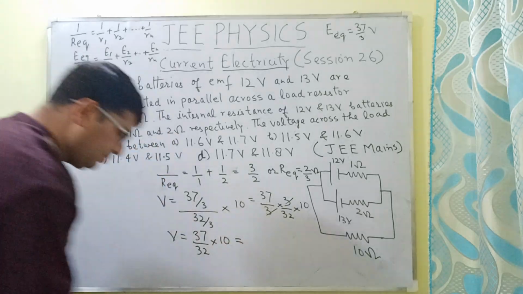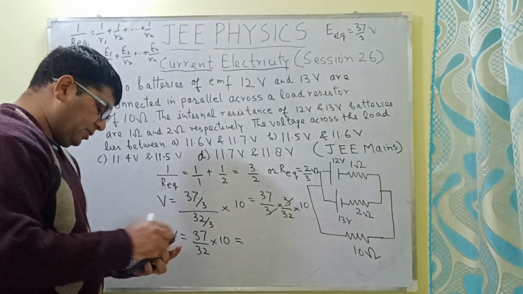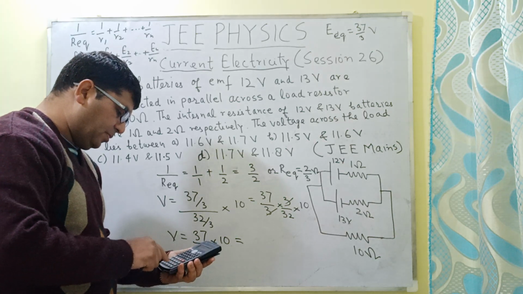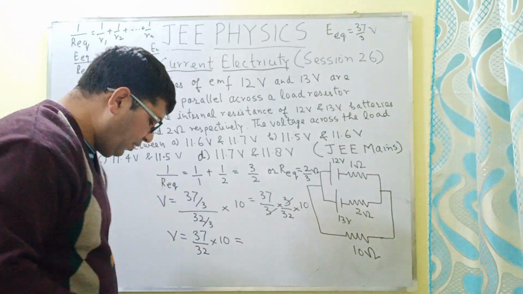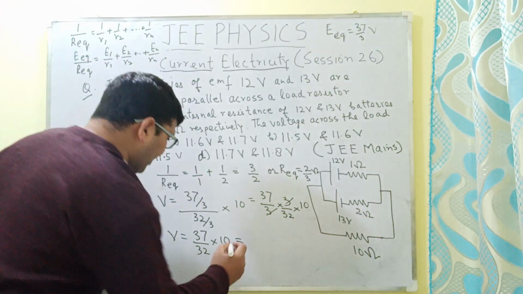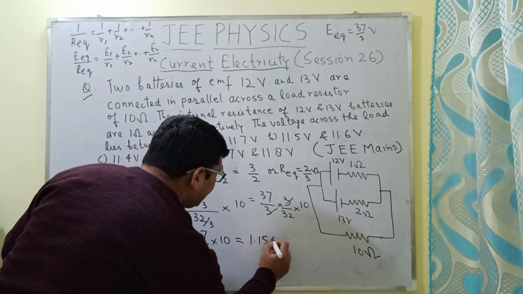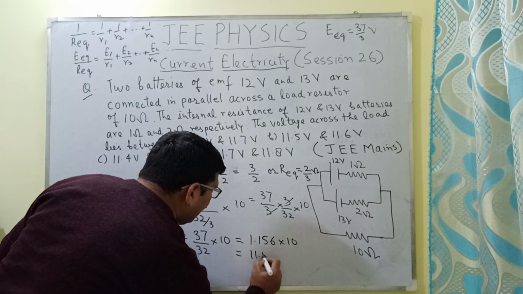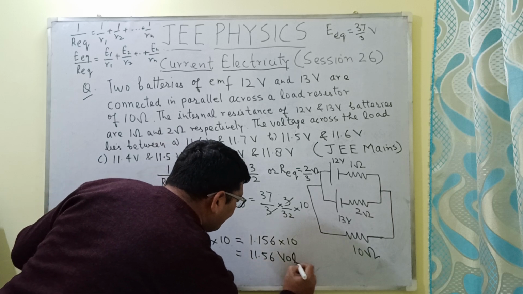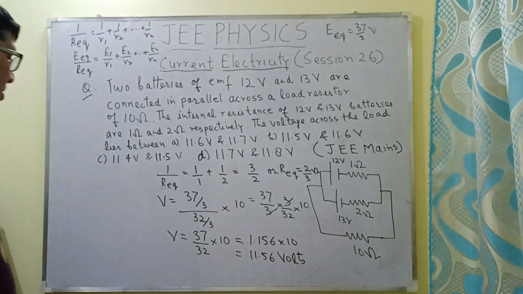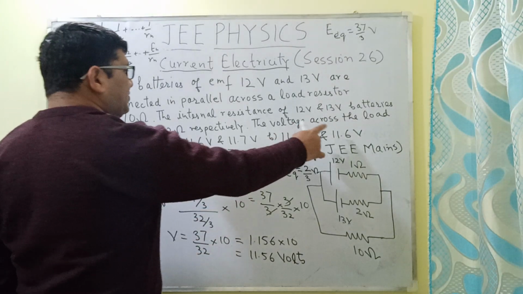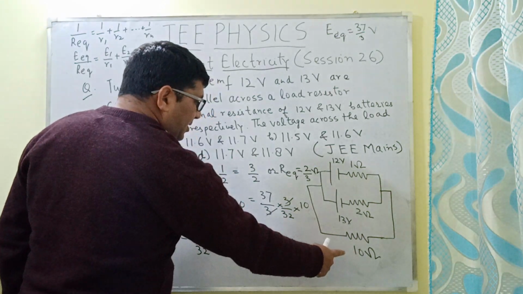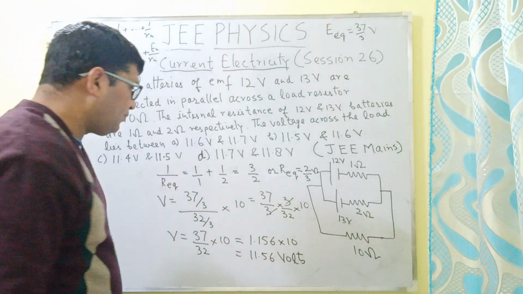So 37 divided by 32 is equal to 1.156, into 10 is 11.56 volts. So the voltage across the load, across this 10 ohm resistor, is equal to 11.56 volts.